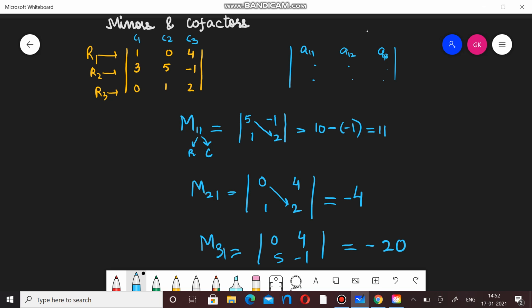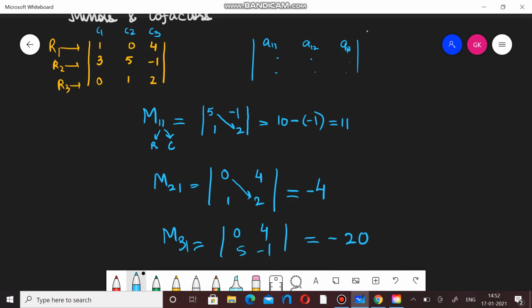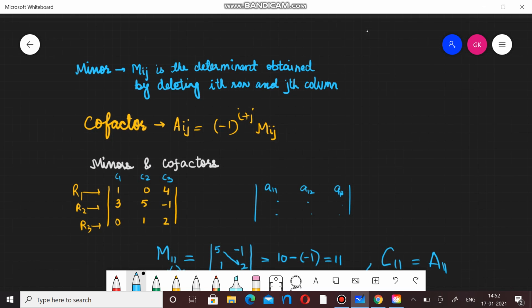Now I'm going to tell you about the cofactors, how you are going to calculate cofactors. Cofactor usually you denote as C11 or you can also write it as capital A11. So there is only a minor difference between the minors and the cofactors. What is cofactor? Have a look over here, the definition. Cofactor, which you call Aij, is equal to minus 1 raised to the power i plus j into Mij.